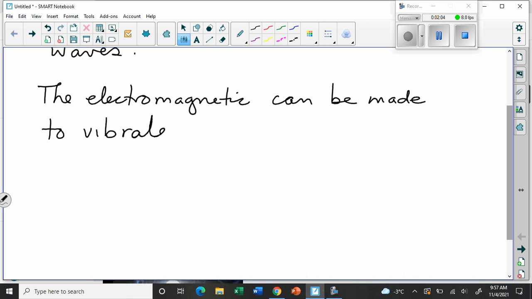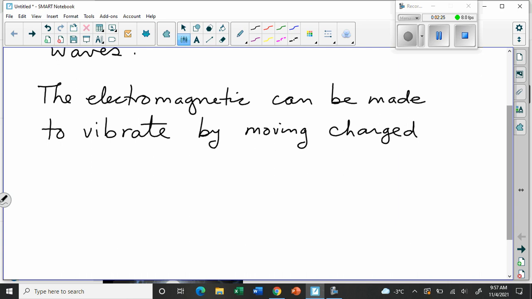We've been using the word wiggle as we've learned, but now I think we understand that the word vibrate means to shake around. So it can be made to vibrate by moving or wiggling charged particles.